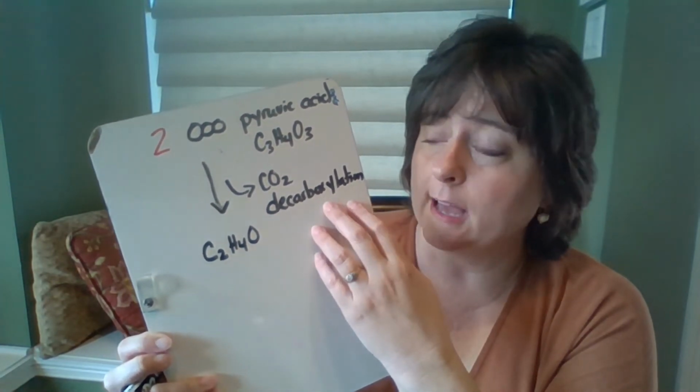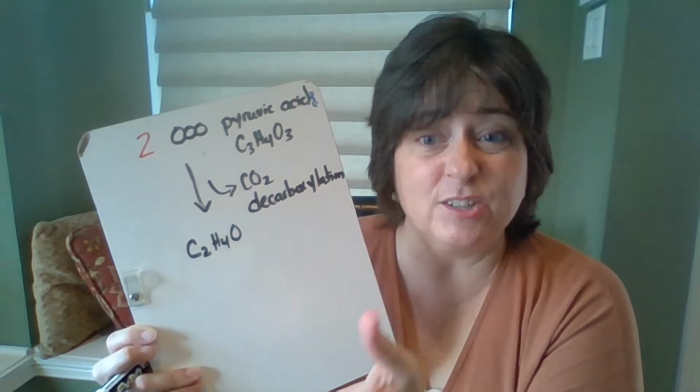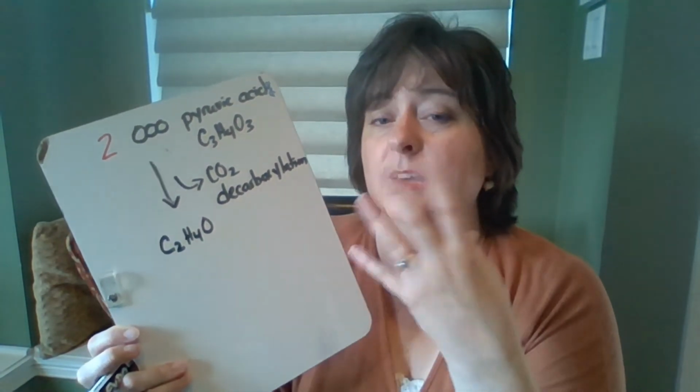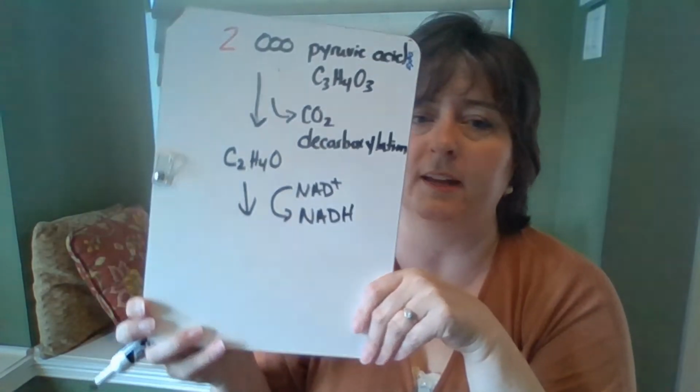So that's the first thing that happens, decarboxylation. Now, next thing that happens is we're going to get some more oxidation and reduction. Remember, all of this is oxidizing glucose to make ATP. So there's going to be some more oxidation and reduction, some redox reactions that come in. So NAD plus is going to come in and get reduced to form what? Are you writing it too? It'll help you if you write it too.